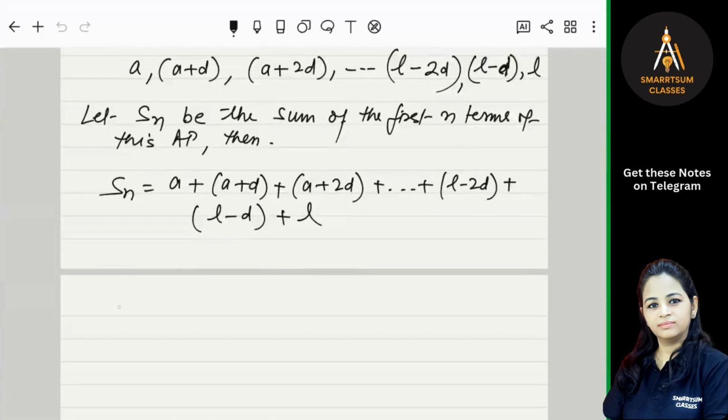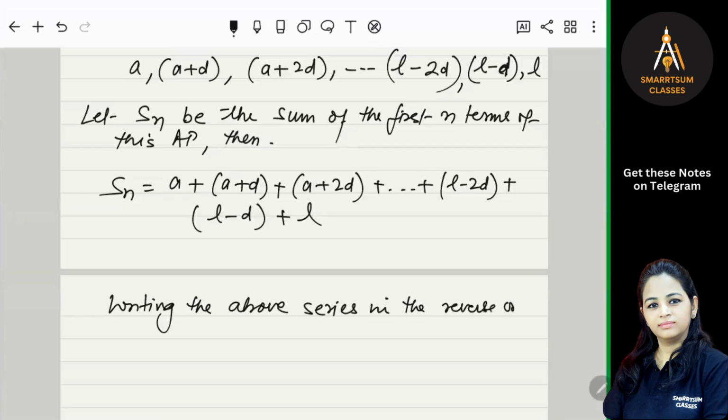Now write the above series in the reverse order. What do we get? Again Sn, because the sum will remain the same.